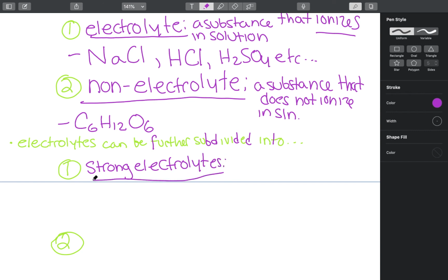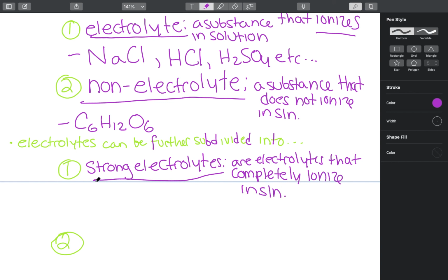And strong electrolytes are electrolytes that completely ionize in solution. So once again, a great example would be sodium chloride.